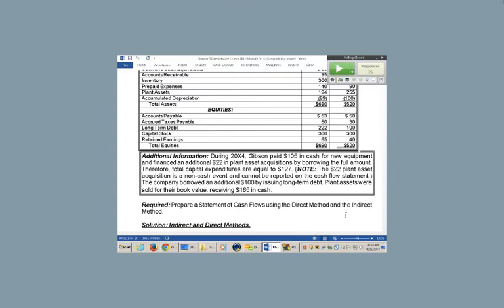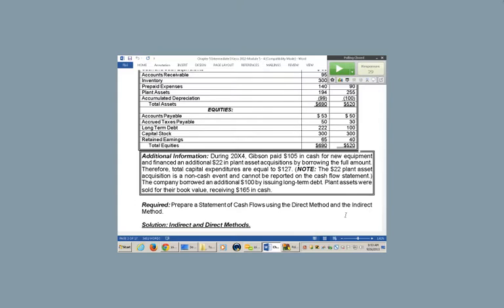And plant assets were sold, and that's in cash for 165. So we're starting to get information now about acquisitions and disposals. We're starting to get information about financing. Of course, dividends are also part of financing.